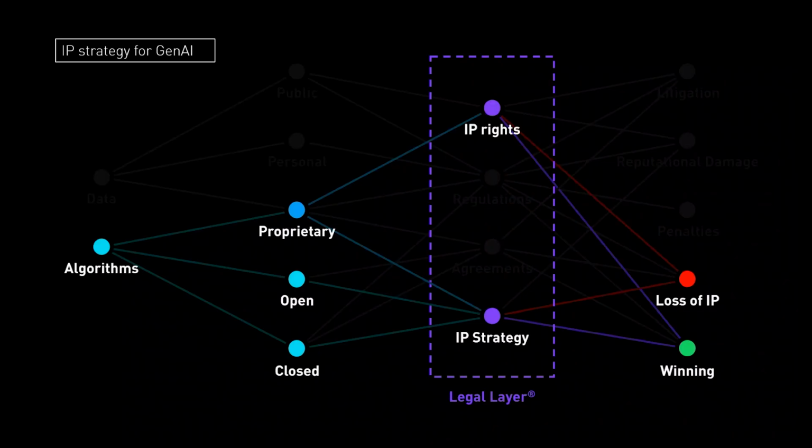So say you're an innovative company going about your business, you've got a product or service that uses generative AI. Maybe you trained or fine-tuned the model, maybe you didn't, but either way, you've invested a lot in your product or service, and you want to convert that investment into profit or growth or some kind of competitive advantage. An IP strategy question you might ask yourself is, what combination of IP rights can help you achieve that?